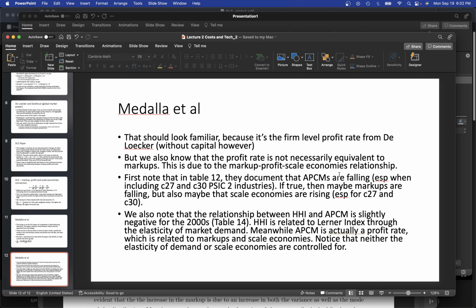Note that in table 12, they document that APCMs are falling. So first we note that APCMs are falling in the 2000s. That's very similar to the results in the De Loecker paper. If you look at the De Loecker paper here, and let's hunt for Philippines, the markup is basically a change of minus 17.